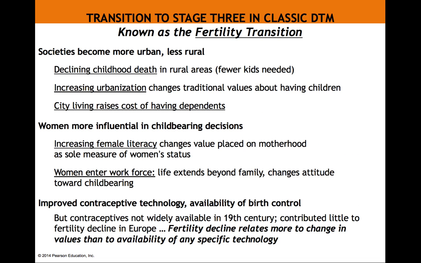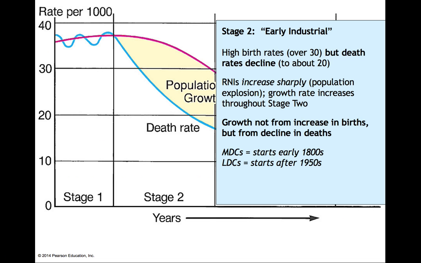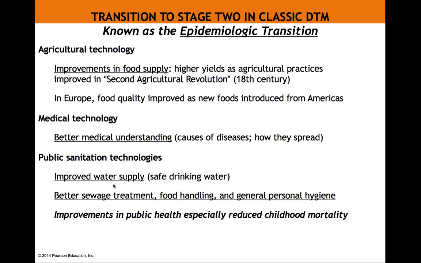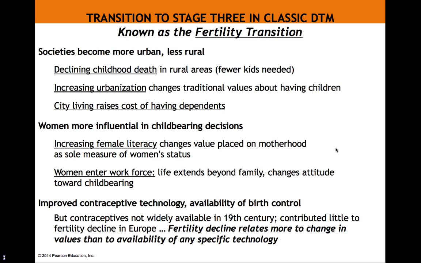This stage is called the fertility transition. And when we're looking at stage three again, or even if we go back to stage two, we notice that there were reasons as to why our crude death rate was decreasing. And that was because of improvements in technology. Now in stage three, we need to look at, okay, why is our crude birth rate decreasing?